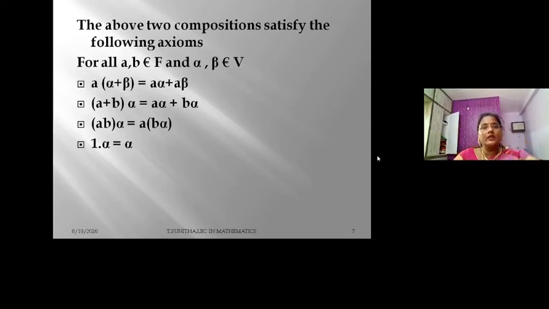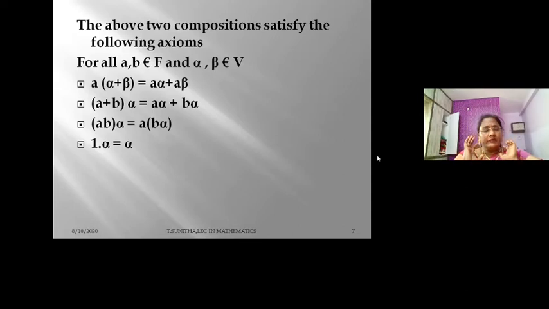What are they? a(α + β) = aα + aβ. Remember that α, β are vectors, a, b are scalars. (a + b)α = aα + bα. (ab)α = a(bα). 1·α = α.